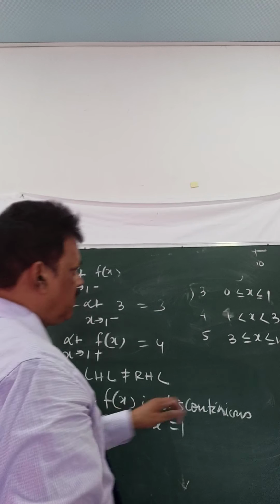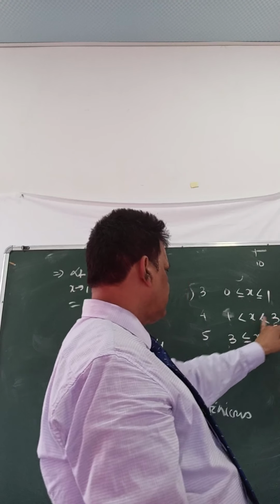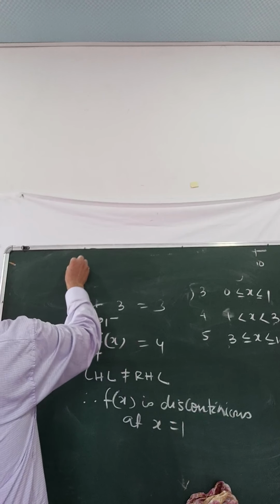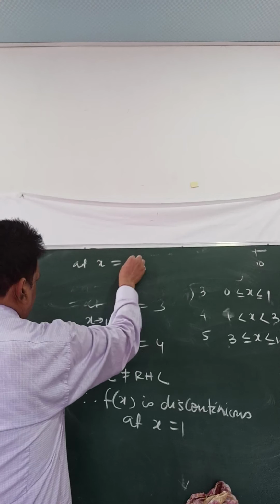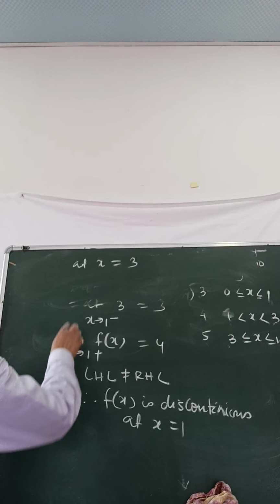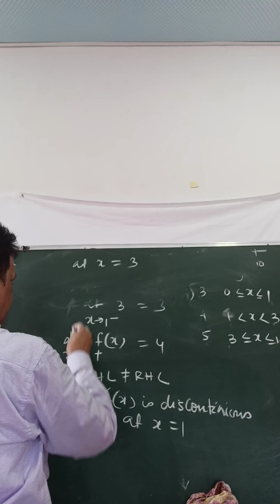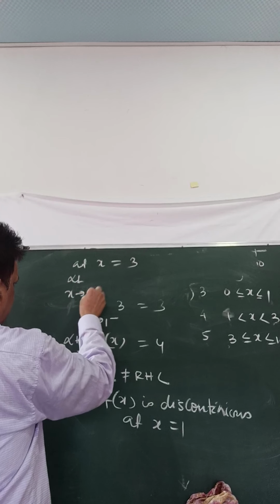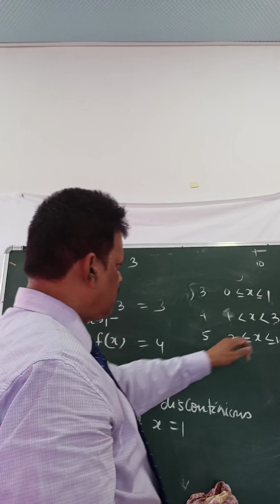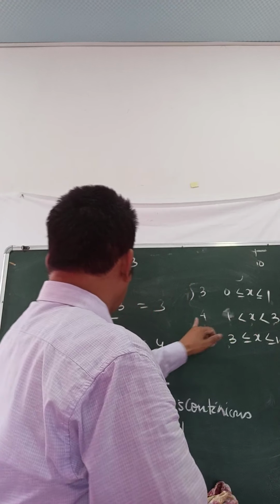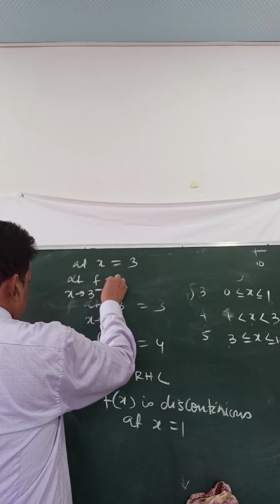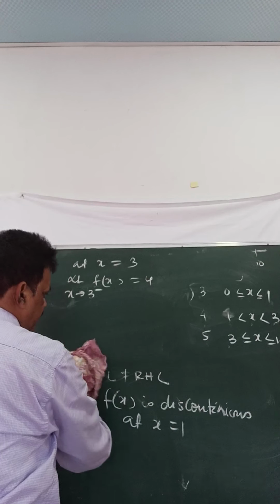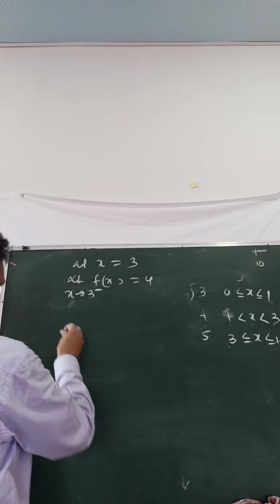So what is the next point? x equals 3 now. At x equals 3, limit x tends to 3 minus, less than 3, is 4.